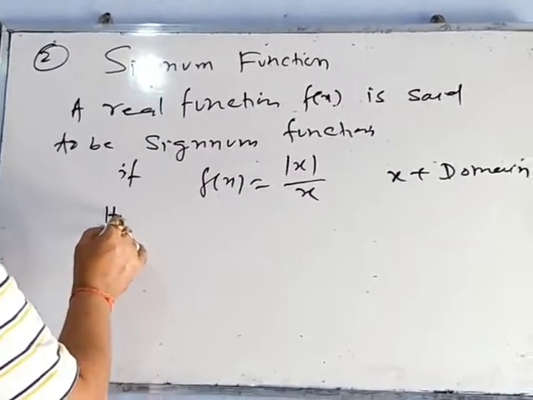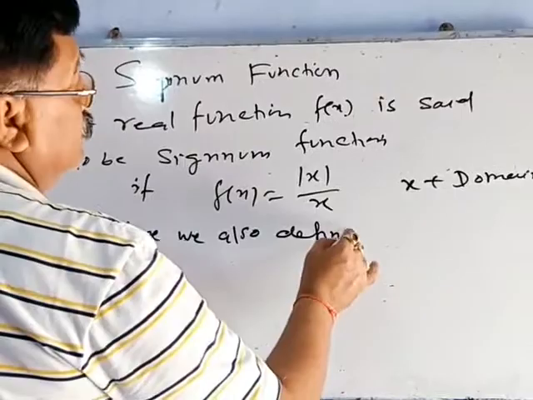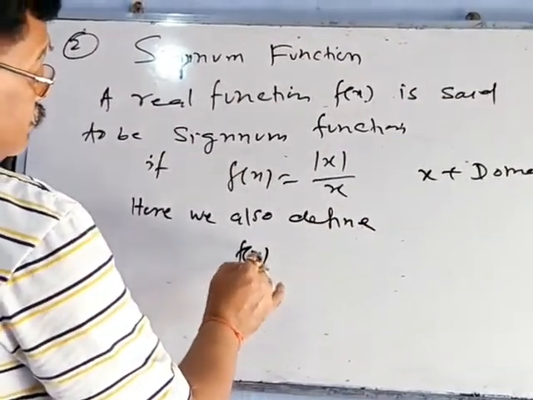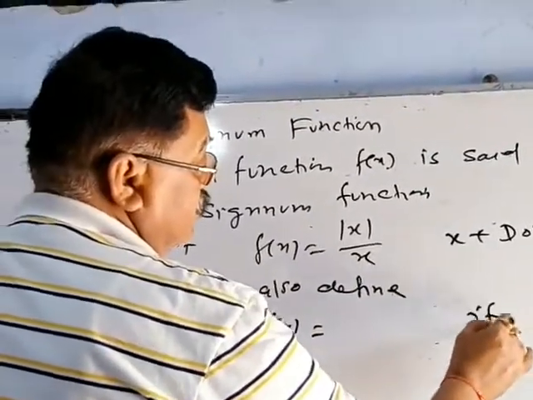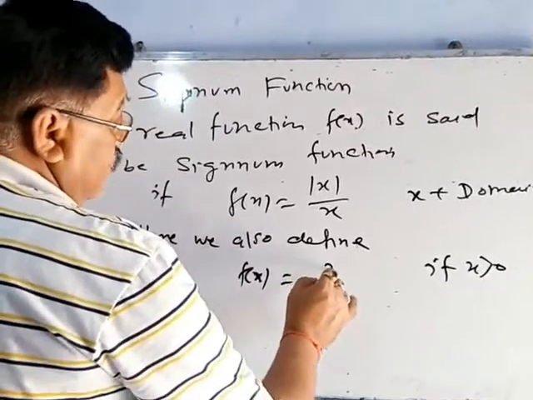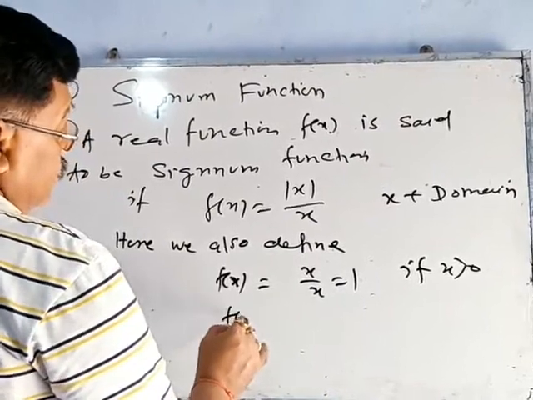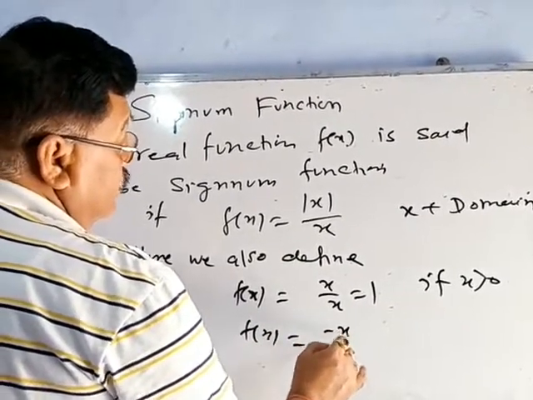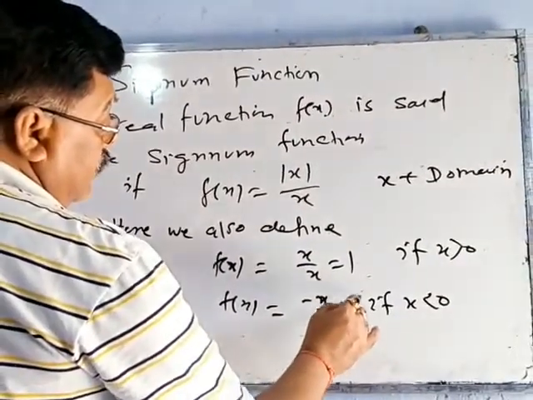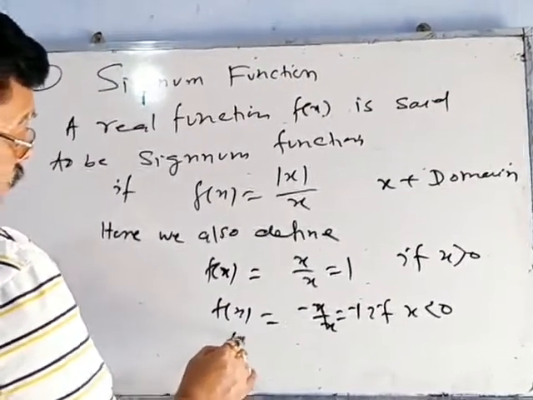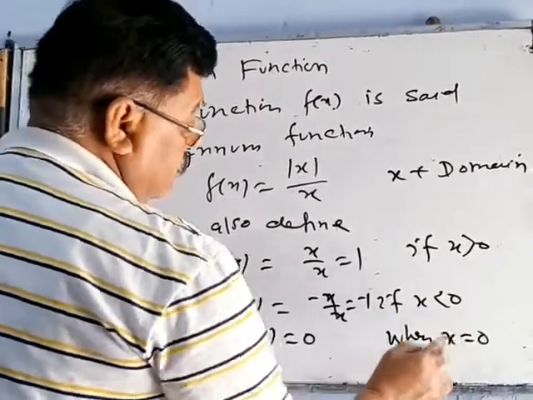Here we also define f(x) is equal to mod x by x, which is x by x equal to 1 if x is greater than 0, and f(x) is equal to minus x by x, which is equal to minus 1, if x is less than 0, and f(x) is equal to 0 when x is equal to 0.